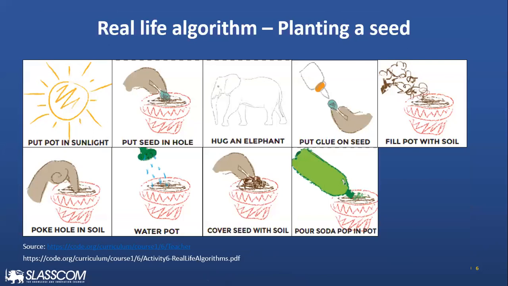We are going to go through a real life algorithm, which is planting a seed. I think many of you have done some tree planting. So these are the steps that can be involved in a planting a seed scenario.